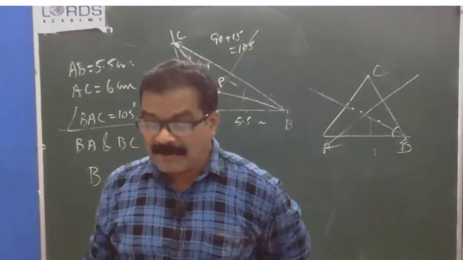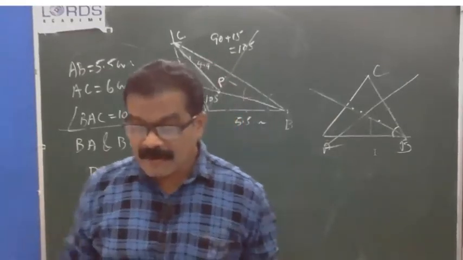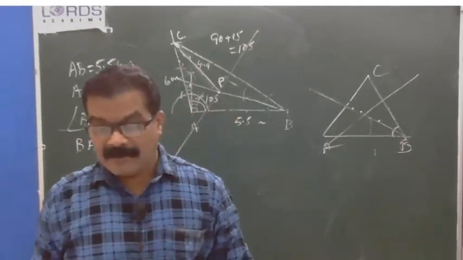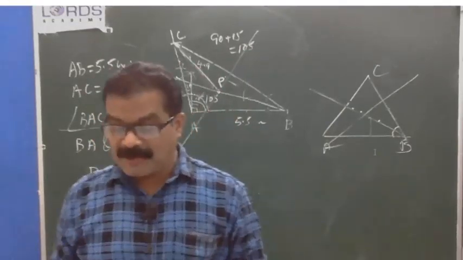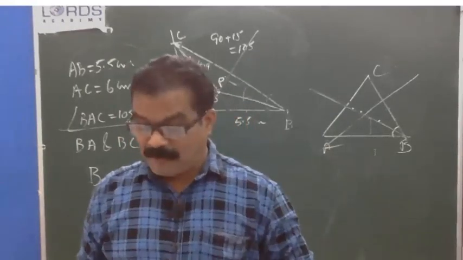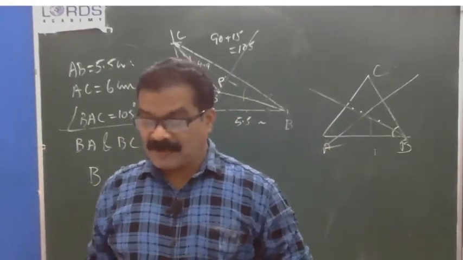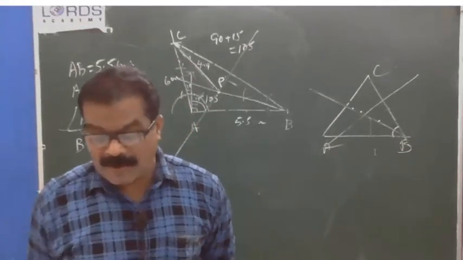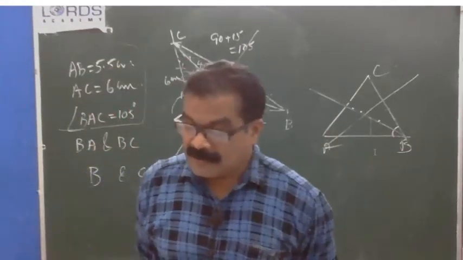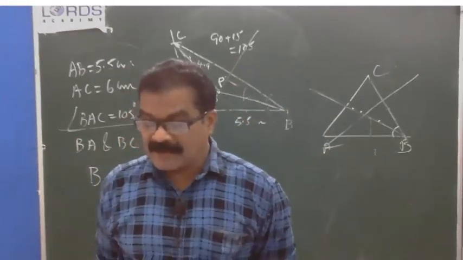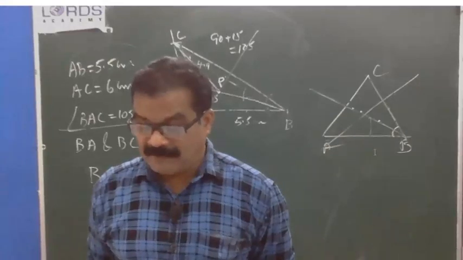Then what about question number 20? Using a ruler and compasses only, construct a triangle ABC with the following data: AB is equal to 3.5 centimeter, BC is equal to 6 centimeter and angle ABC is equal to 120 degrees. Second question, in the same diagram, draw a circle with BC as diameter.